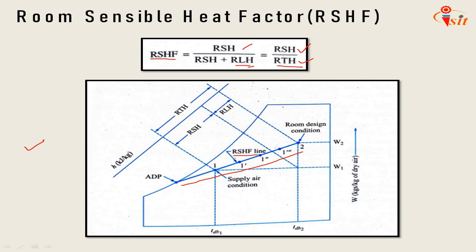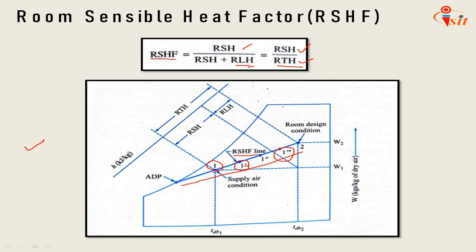Thus the supply air with properties at 1, 1 dash, 1 double dash and 1 triple dash will satisfy the requirement, but the quantities of air will be different for different supply points. Supply condition at 1 requires less air than 1 dash, and 1 triple dash is the highest of all 4 supply points.